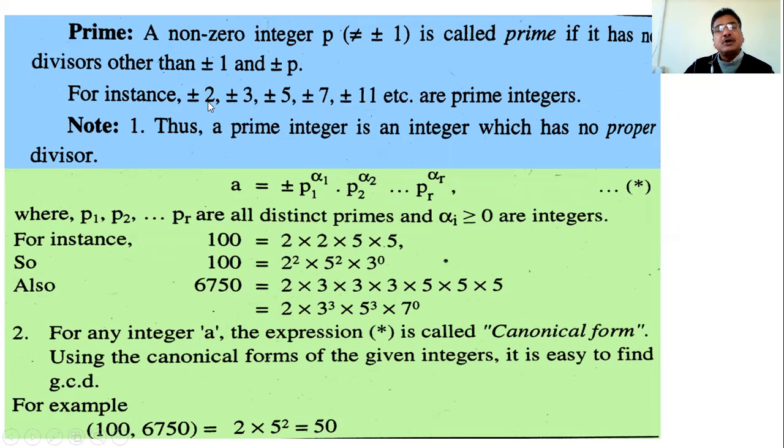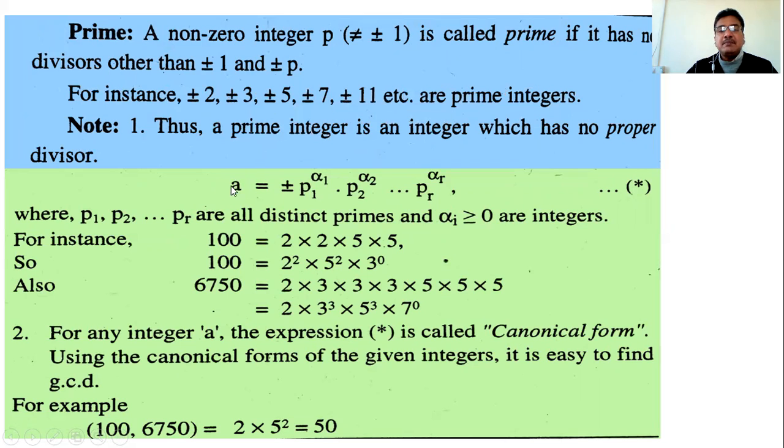This is the list of prime integers or prime numbers. So a number is called prime if it has only 2 divisors, itself and 1. This is a very simple definition of prime numbers.